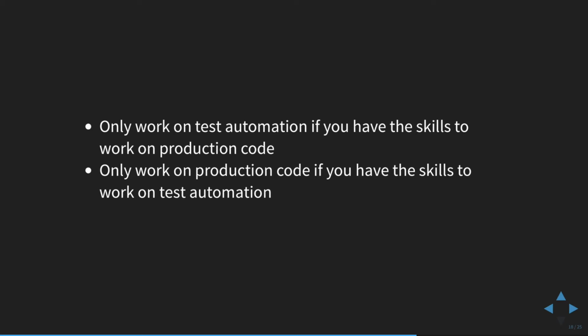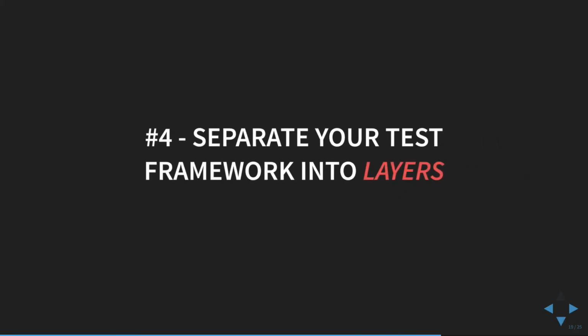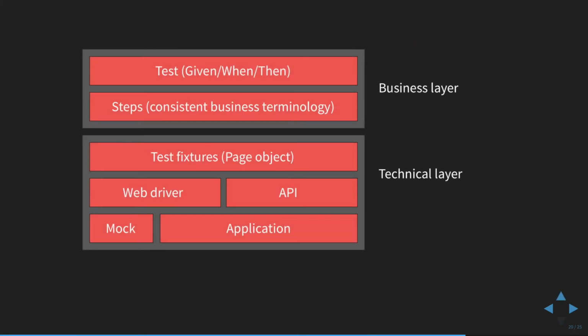The fourth rule, which is maybe the most important one, is the way you build your test framework. When you look at the test frameworks that scale and are maintainable over time, they all share the same principles. This is a layered approach. If we look at these different layers, you will have the business layer and the technical layer.